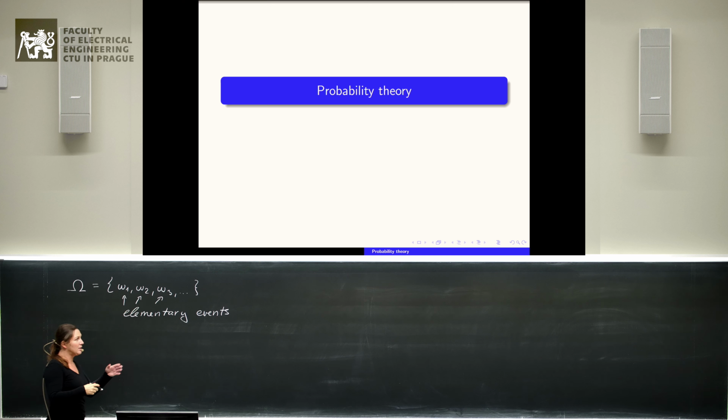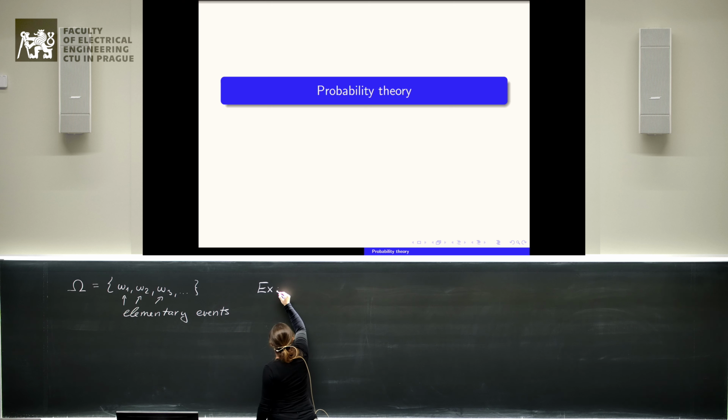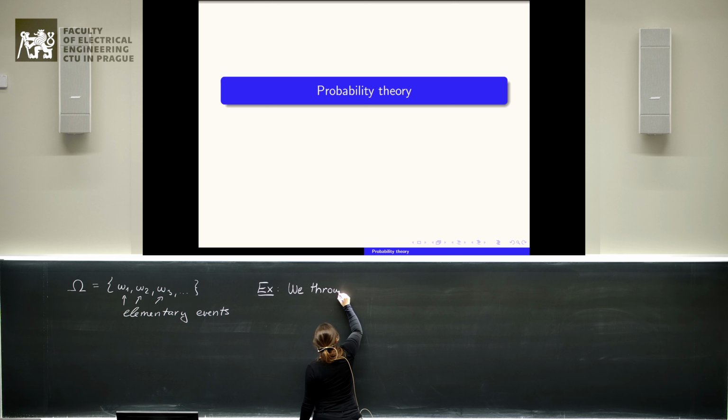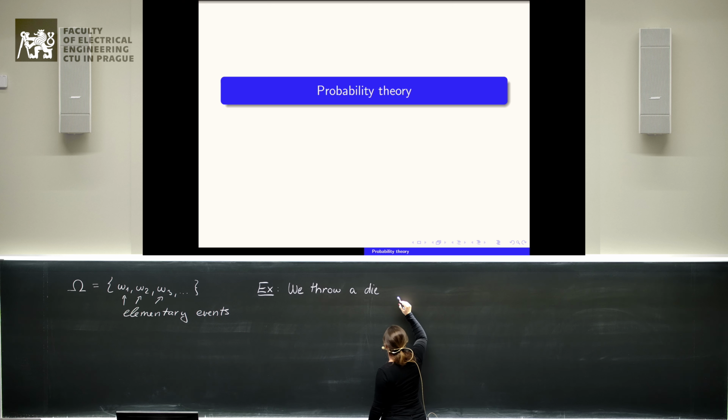And in fact, it meant that when we have some random trial, the results, so it means the situations which can happen, are these elementary events. So, for example, I recall the example from last time when we threw a classical unbiased die.